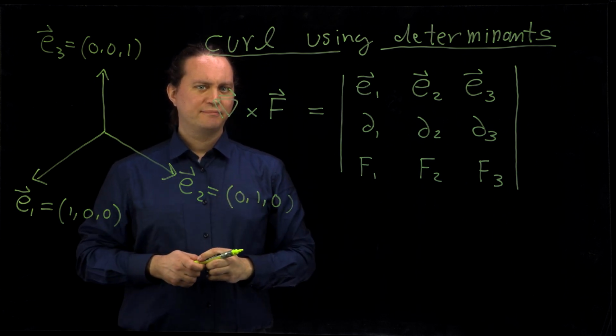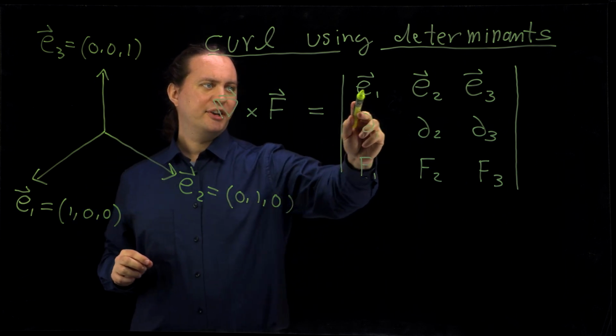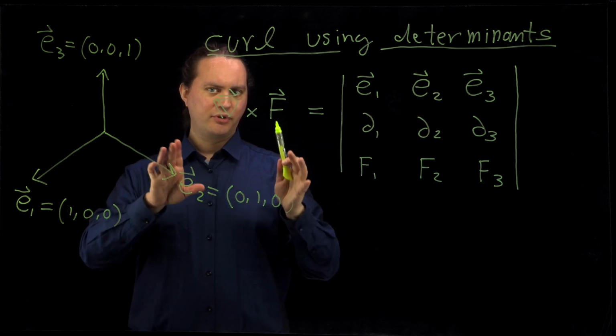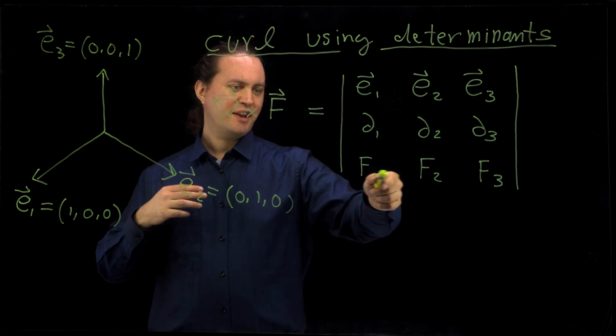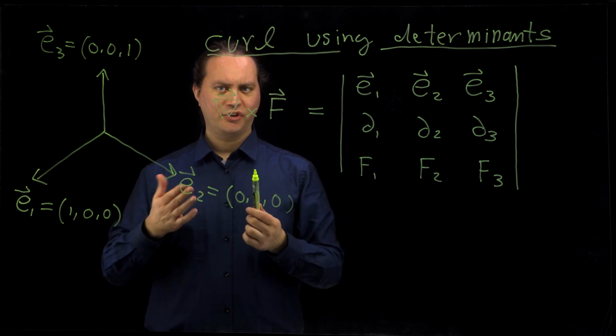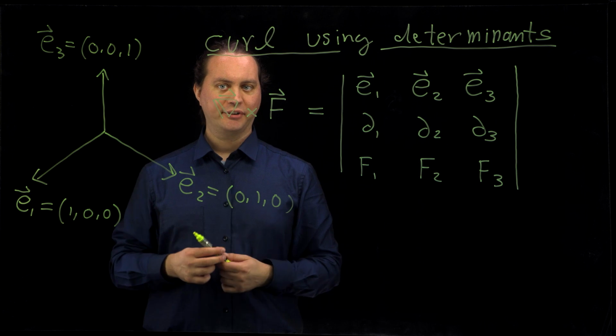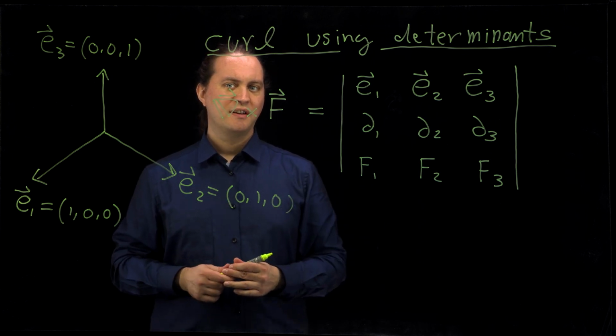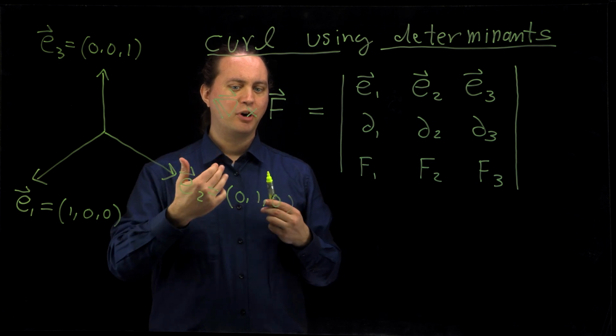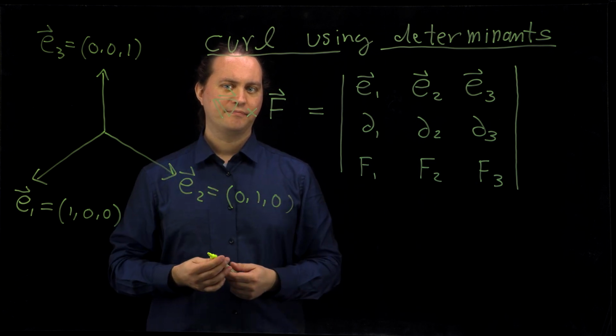Those three vectors are put into the first row of this determinant, formally speaking. The second row contains partial derivatives, and then finally the last row contains the entries of the vector field. Arguably, this is a very unusual determinant, and it is only used for the purpose of formal computations.